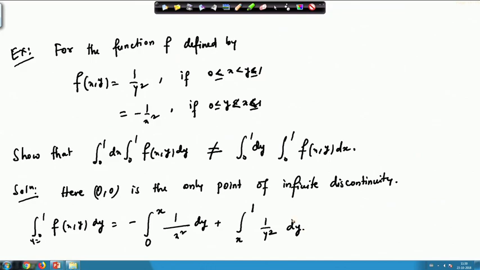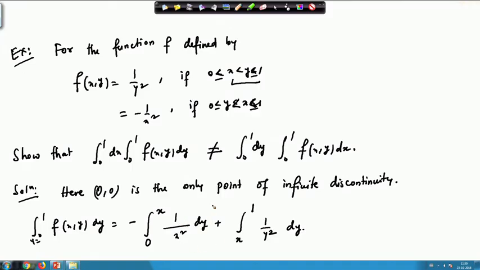We basically divided the interval 0 to 1 into 0 to x and x to 1. So y is running from 0 to x with minus 1 by x square dy, and then y is running from x to 1, where the value of the function f would be 1 by y square.